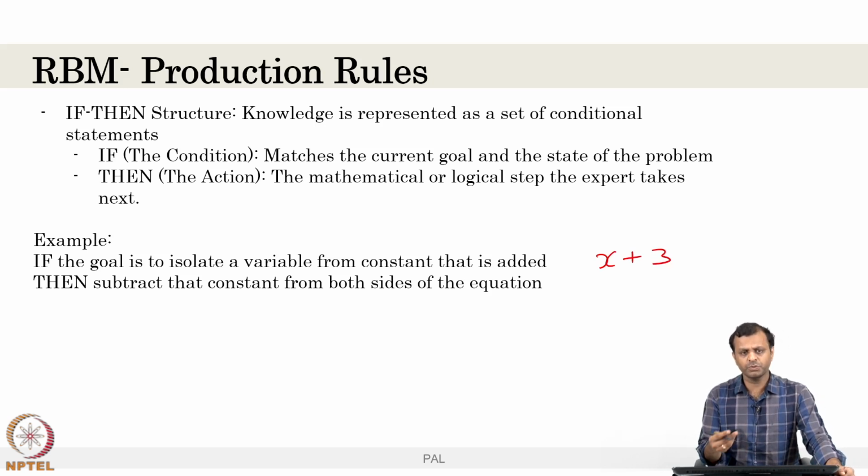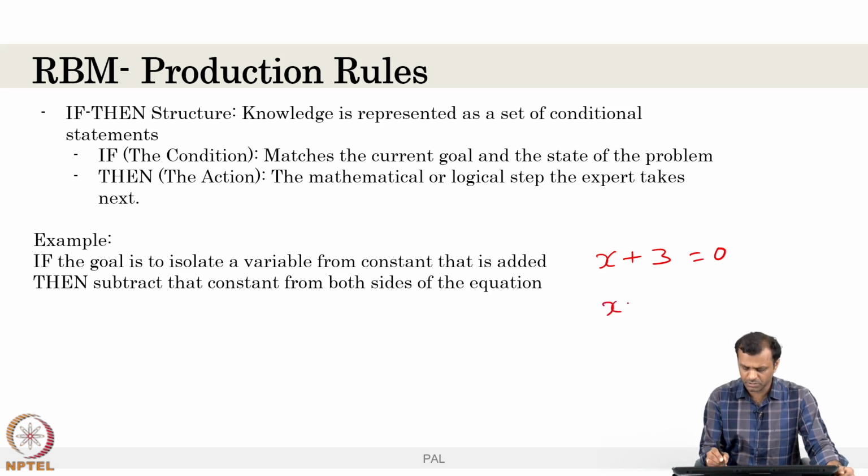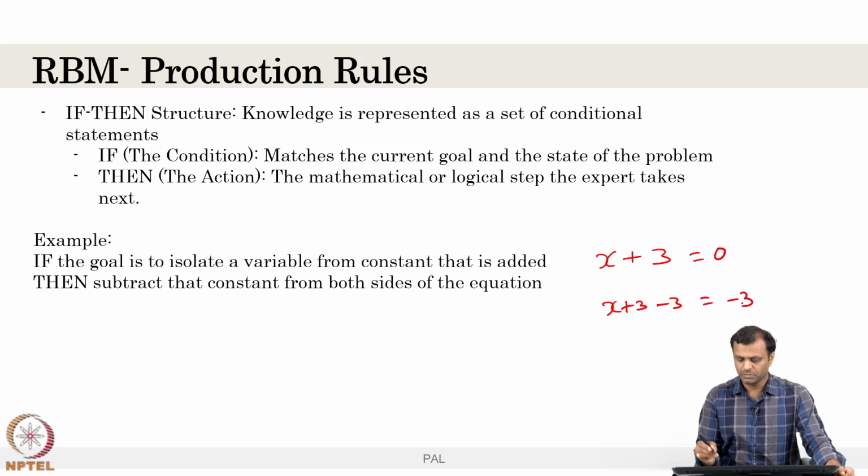If the goal is to isolate the variable, then the simple rule is to subtract that constant from both sides of the equation. The constant here is 3, so subtract 3 from both sides of the equation. So this will be minus 3.